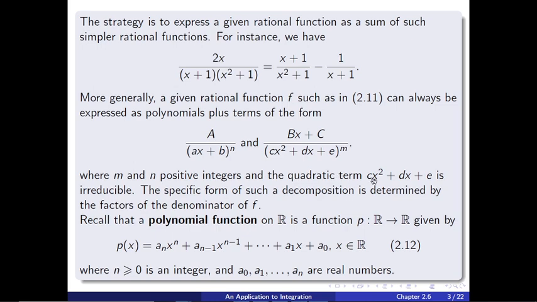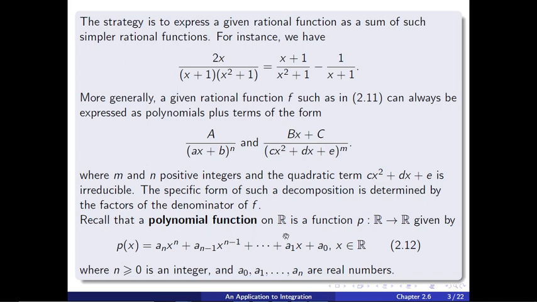Those are the ones that are called irreducible. So the specific form of such a decomposition is determined by the factors of the denominator of f. The denominator will always determine how we are going to decompose this.